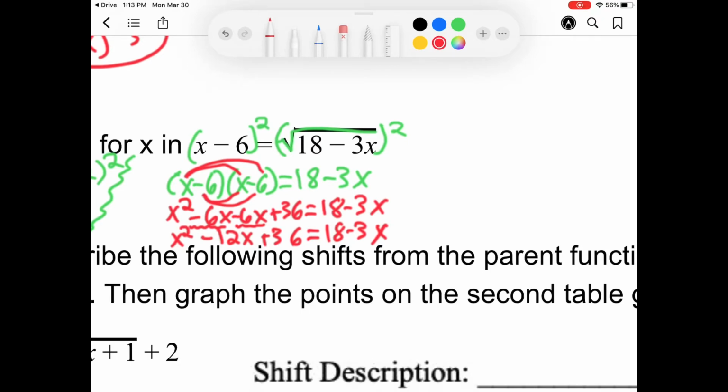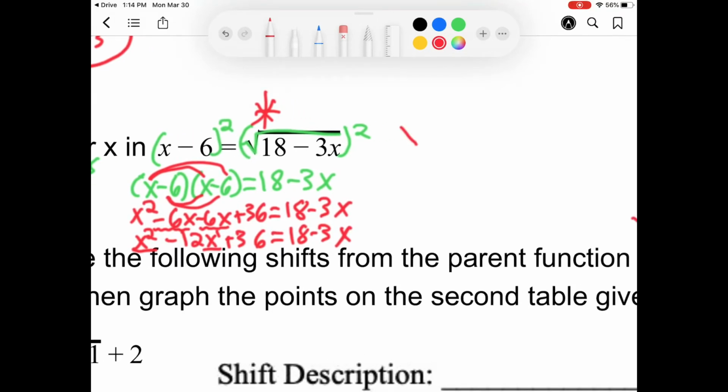Now, because we have an x squared and an x to the first, we are not going to be able to solve it by taking the square root and getting rid of the square. We're going to end up in the same situation we were in to begin with, where we had a square root and a square situation. So let's get one side equal to 0 and factor.